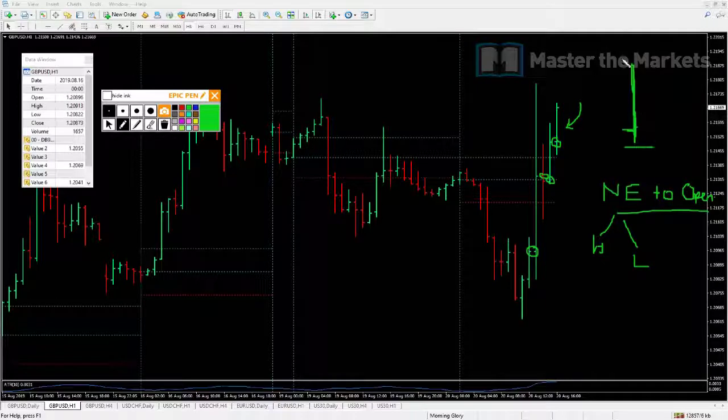So the low and the high over here. This is the low. That's the high. So tell me, according to this diagram that I've drawn here, which is the nearest extreme? Is the high the nearest extreme or is the low the nearest extreme? Think about it. The distance between the high to the open is here, right? And the distance between the open to the low is here. So which is nearer? Of course, it's very obvious, isn't it?